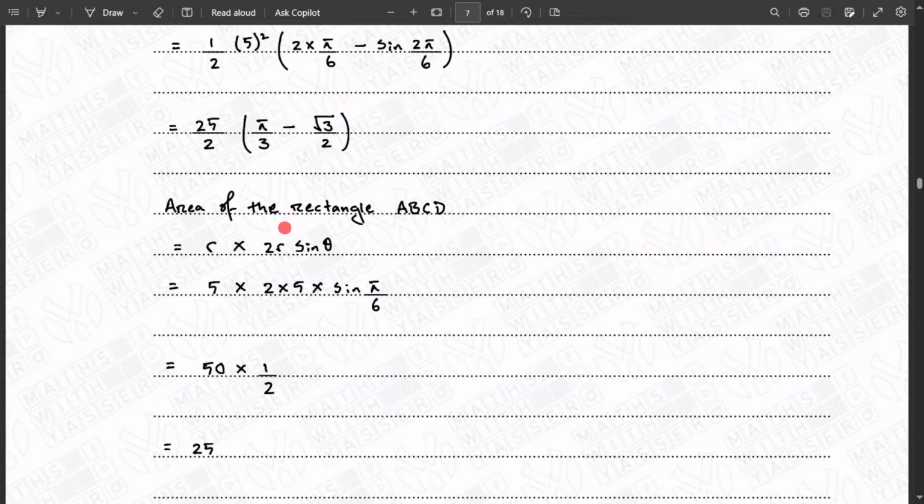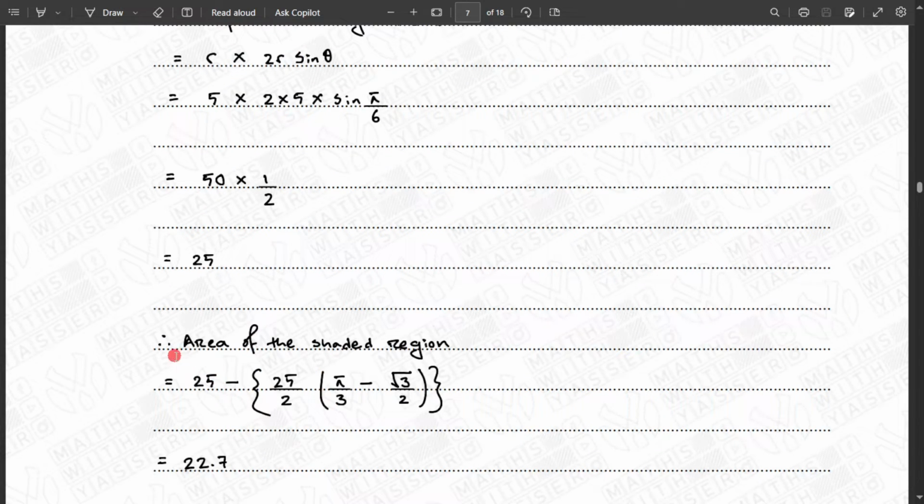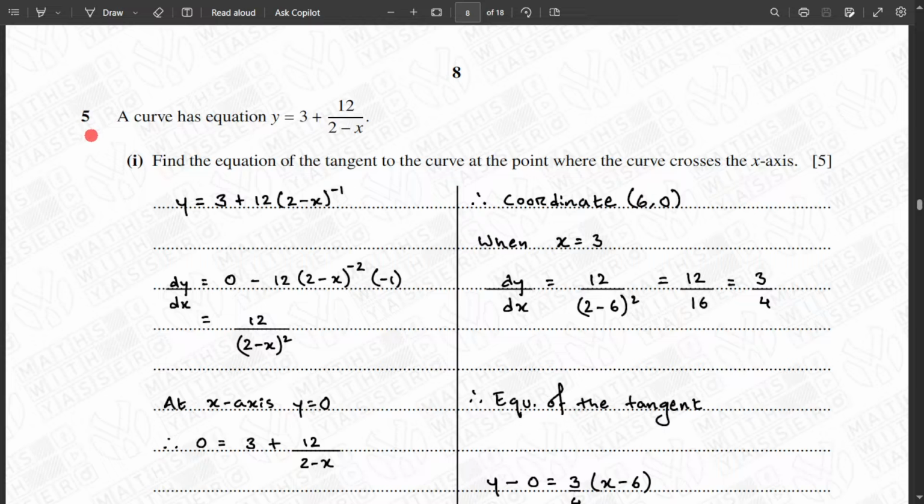So the area of the rectangle ABCD is 25. Now the area of the shaded region should be the area of the rectangle minus the area of the minor segment, which is 22.7 square units.